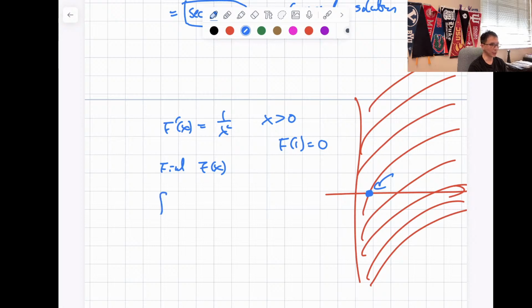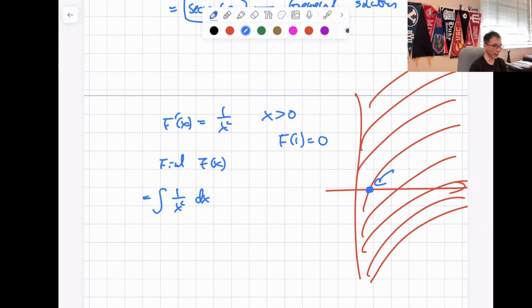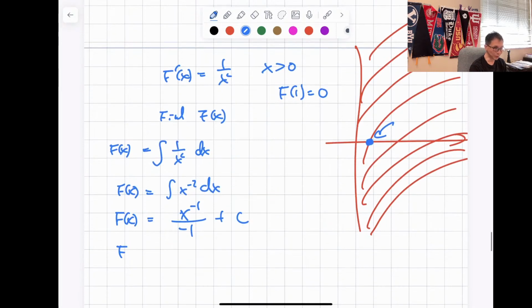So what we can do is take the integration of 1 over x squared dx, and that's equal to f of x. That's equal to the integration of x to the negative 2 dx. What's the integration of x to the negative 2? So x to the negative 1 over negative 1 plus c. That c is important because right now you have to evaluate it.